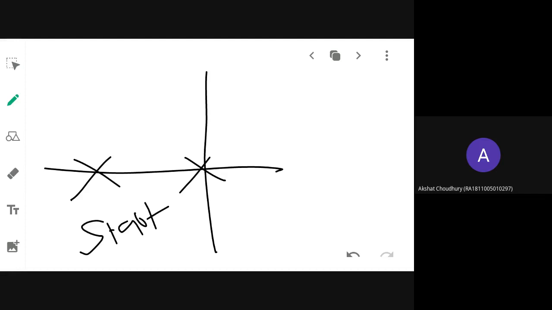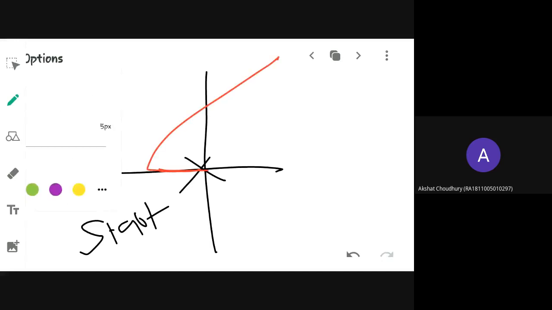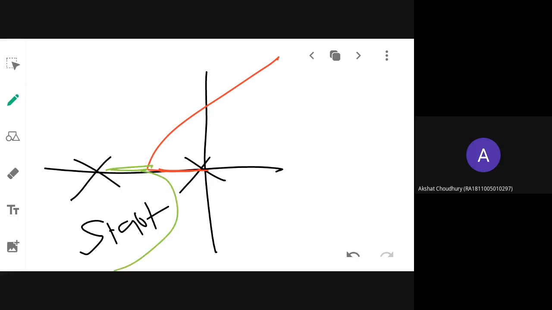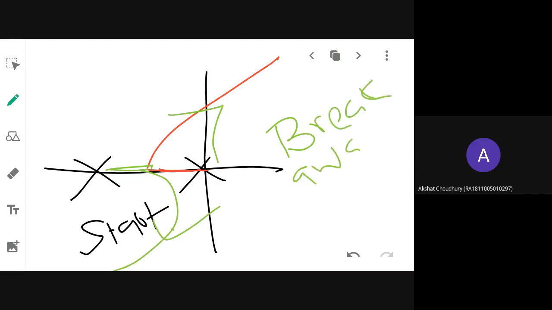If you draw a branch, it will start here and break away. The other branch will start here and break away. So breakaway points you have to find only when you are having starting poles, between two poles.